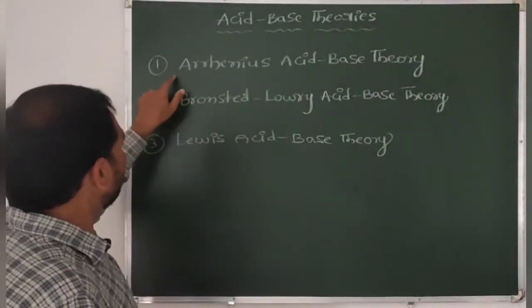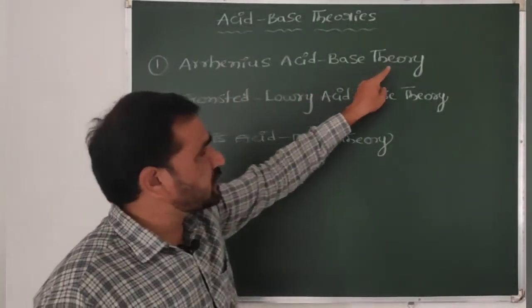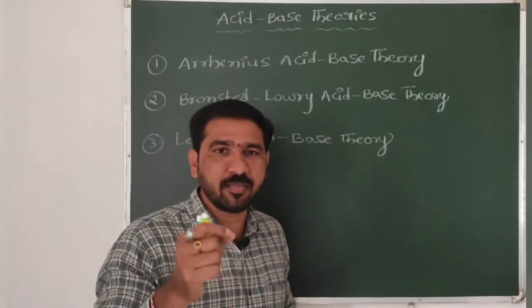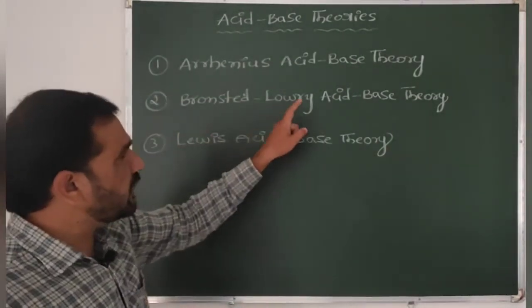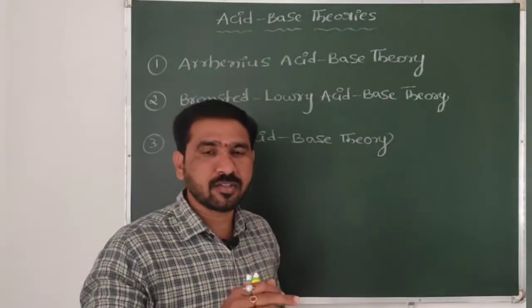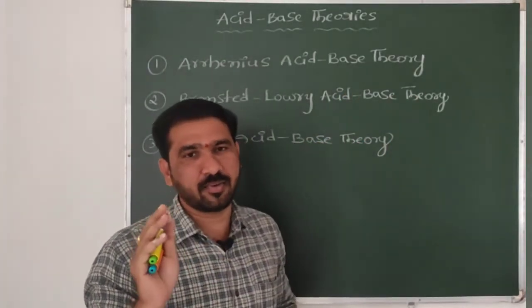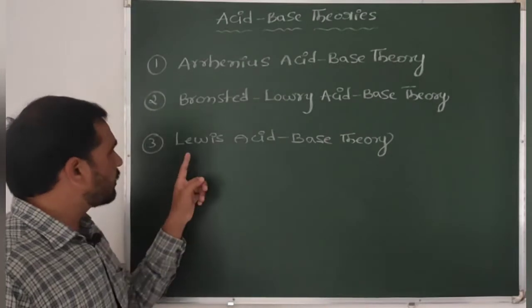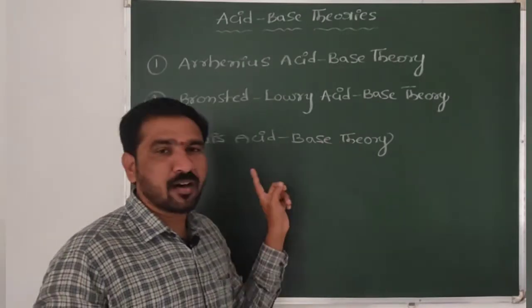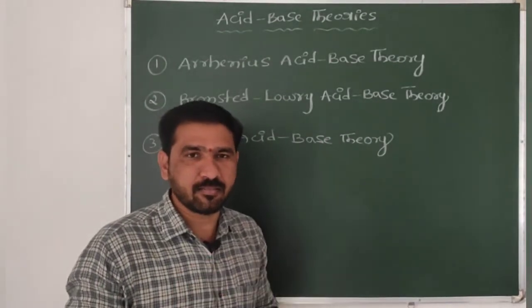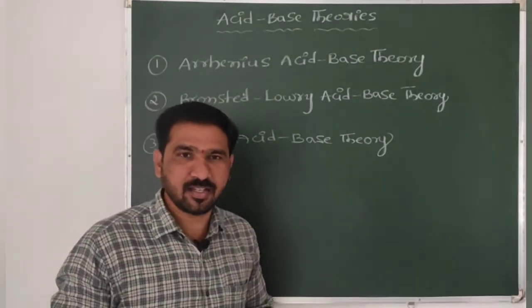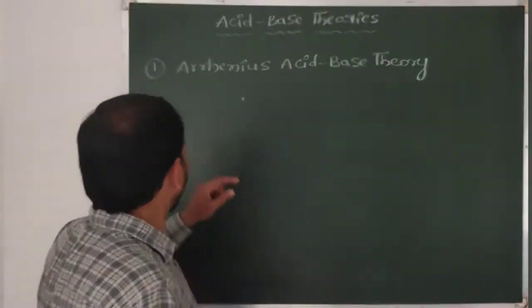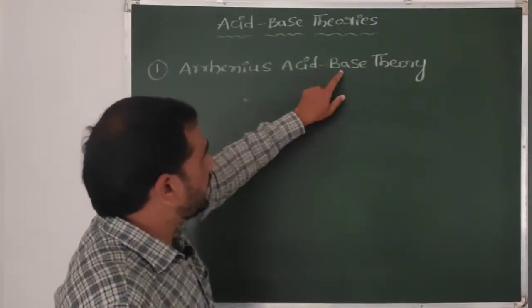The first one is the Arrhenius acid-base theory. The second one is the Bronsted-Lowry acid-base theory. The third one is the Lewis acid-base theory. Let me discuss them one by one with examples. Coming to the first theory, the Arrhenius acid-base theory.